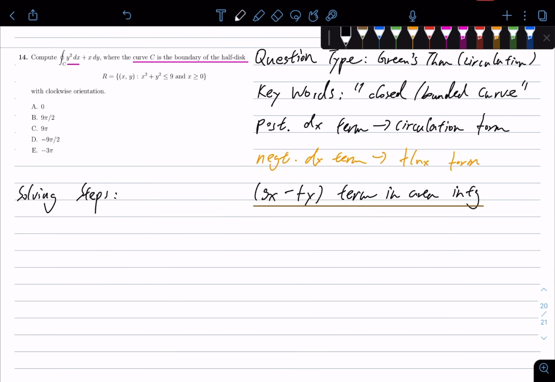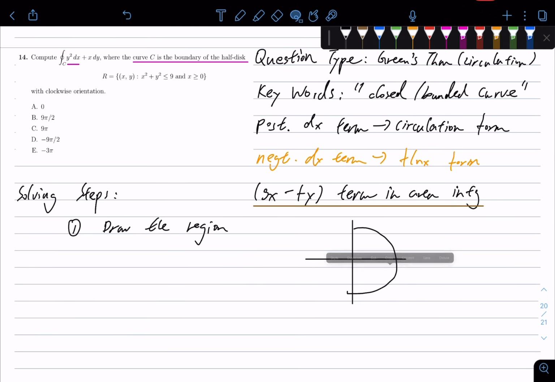So how are we going to solve it? Again, first of all, draw the region. In this case, this is a half circle with radius of 3, and only on the right hand plane. So like this, a half circle. I drew it very poorly, but it doesn't really matter.